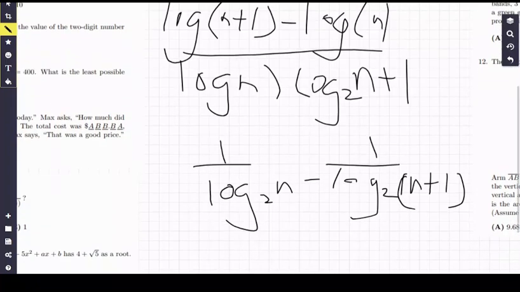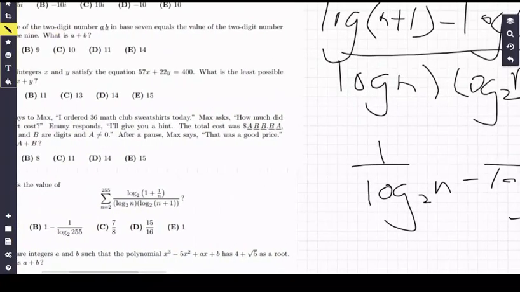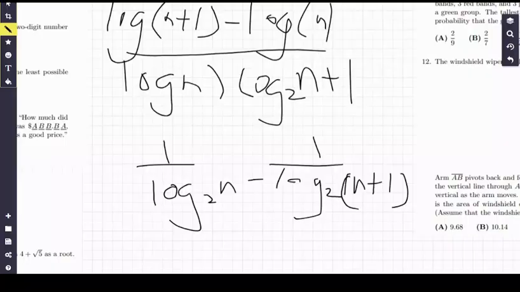Obviously this is if you actually try it. When you plug in n equals 1, starting at 2, it's always going to be 1 over log 2 minus 1 over log 3, then 1 over log 3 minus 1 over log 4, and so on and so on.